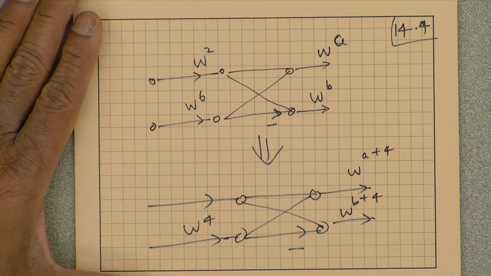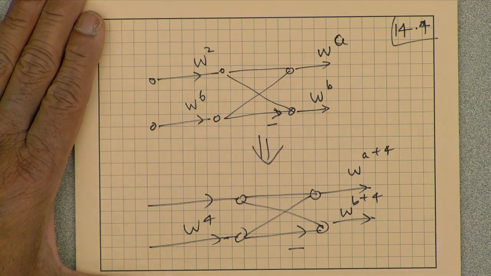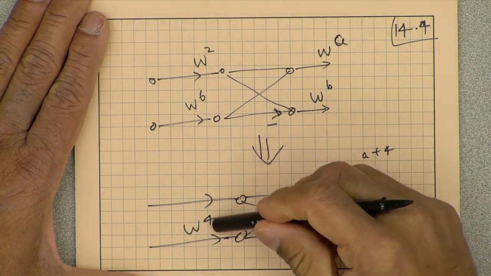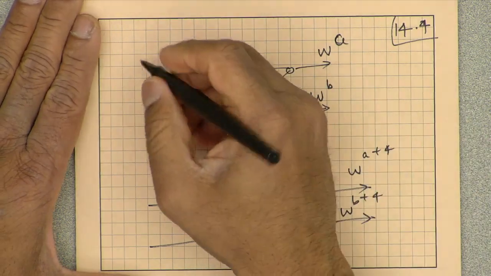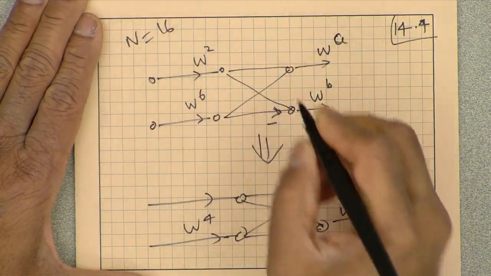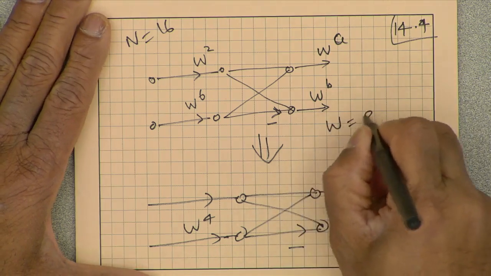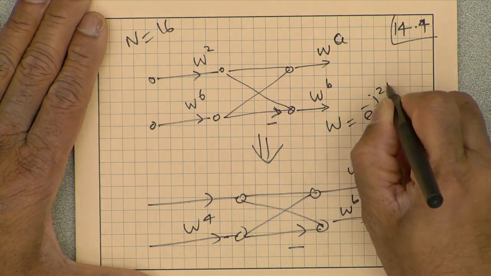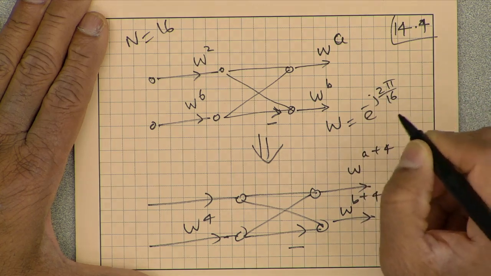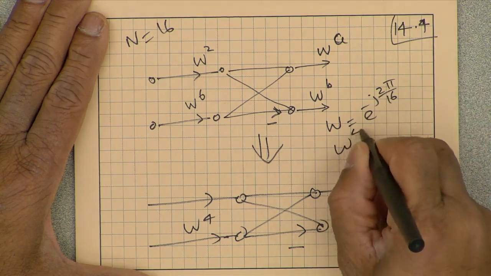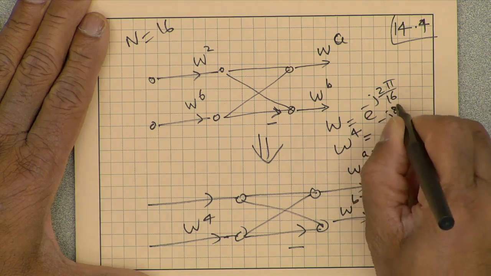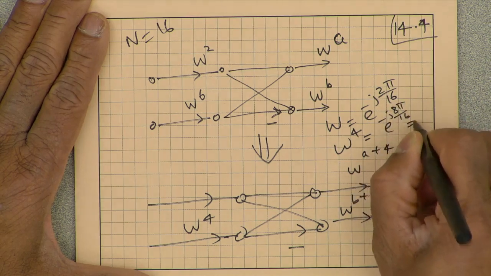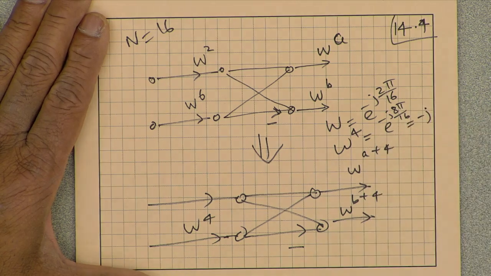So what exactly is going on here? What we are showing here is that if we have W squared, with n equal to 16, W is e to the power minus j twice pi over 16, then W to the power 4, this quantity, is e to the power minus j 8 pi over 16, which is minus j pi by 2, or minus j.